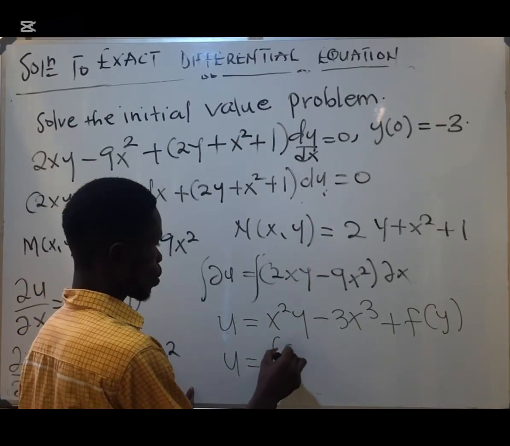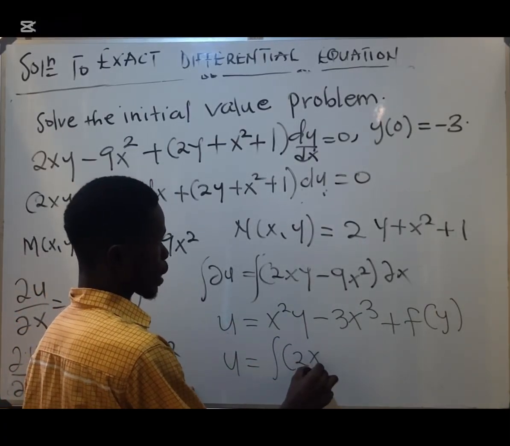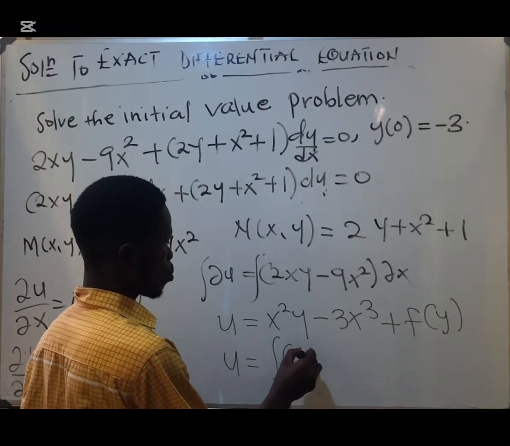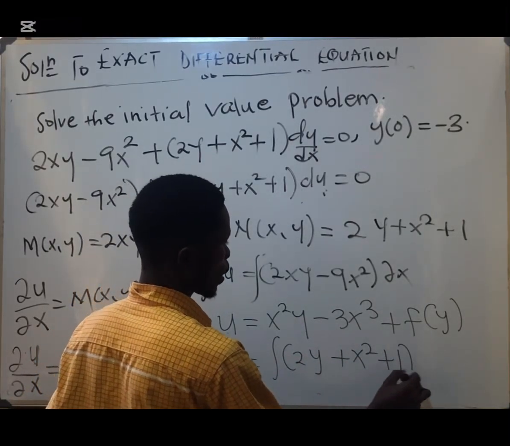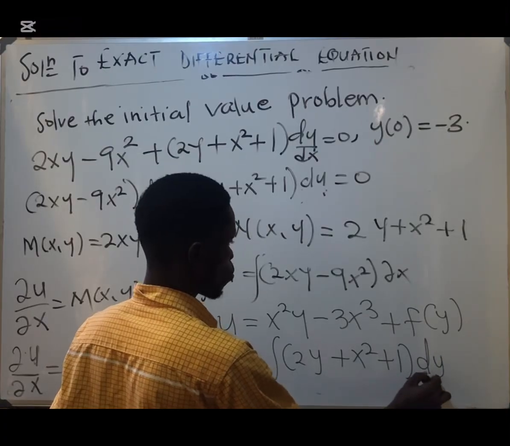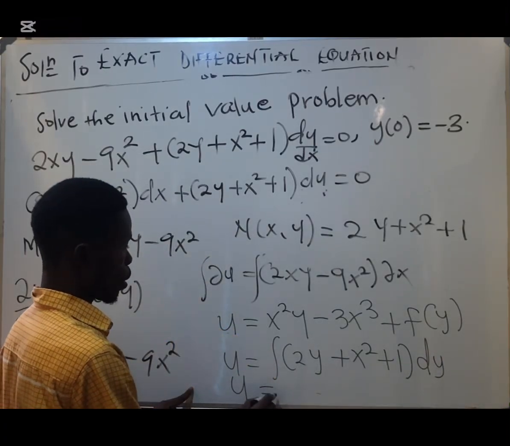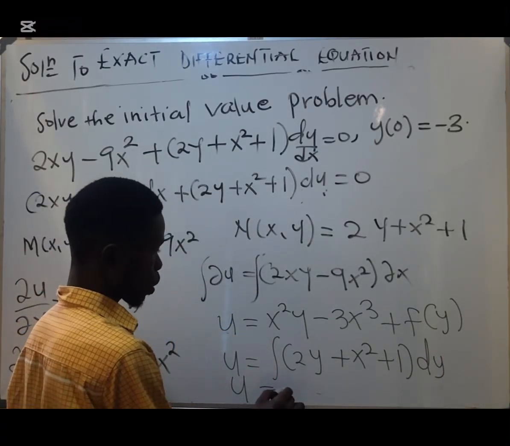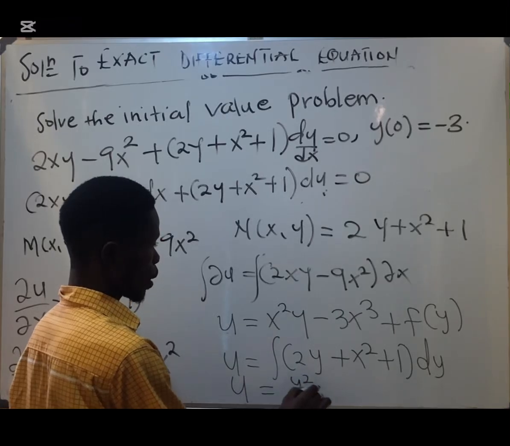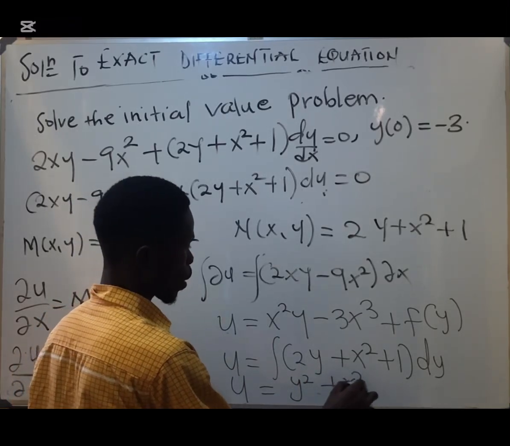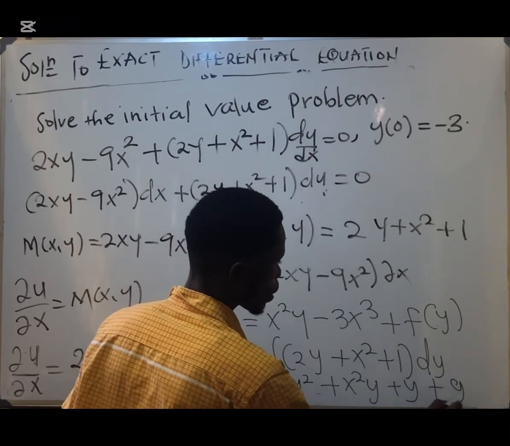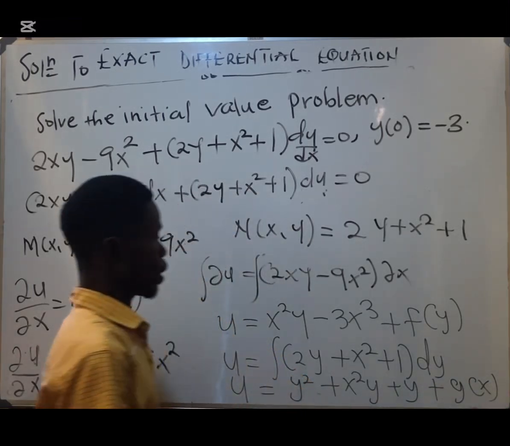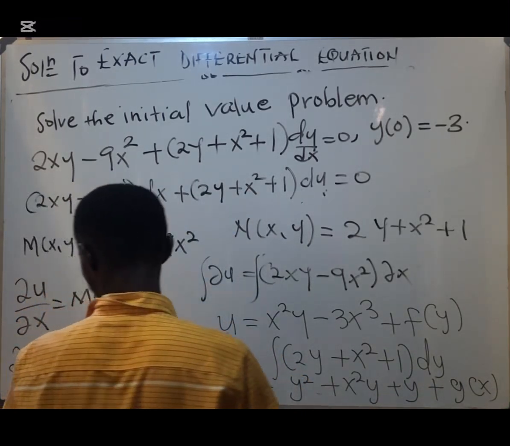So this one is 2y plus x squared plus 1, but here I'm doing it with respect to y. So this will be equal to y squared plus x squared y plus y plus j of x. And this is what we have.